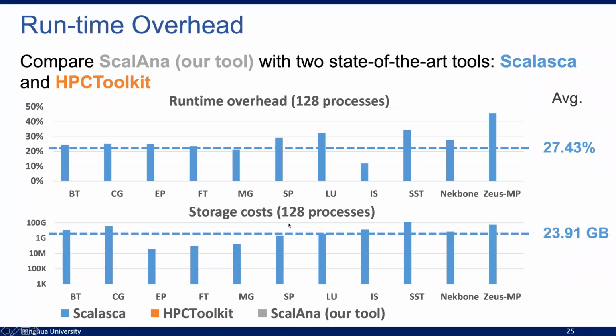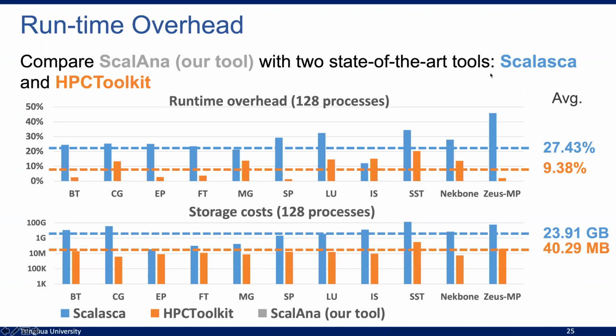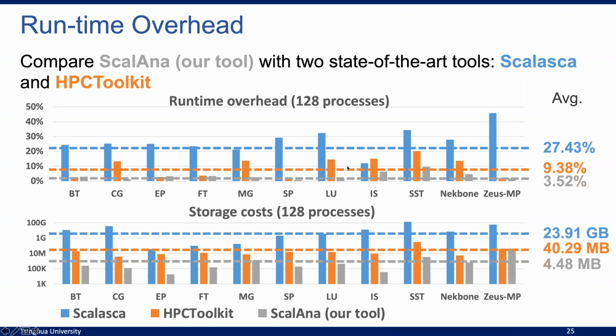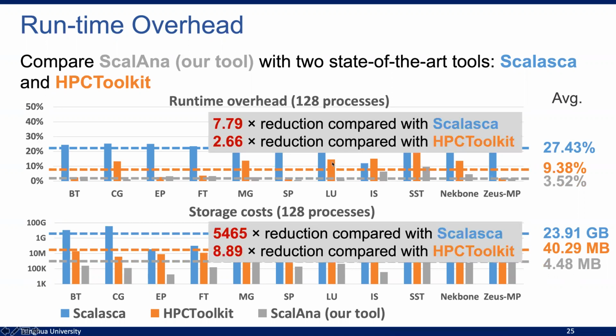The blue bars are the costs of ScalAna, the orange bars are the costs of HPCToolkit, and the gray bars are the costs of our tool. Our tool incurs lower runtime overhead and storage costs.